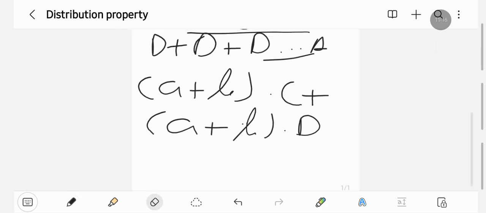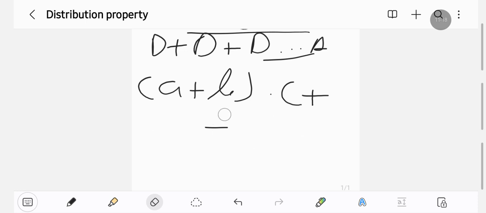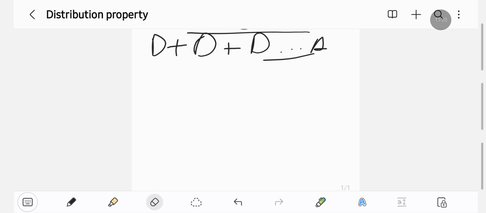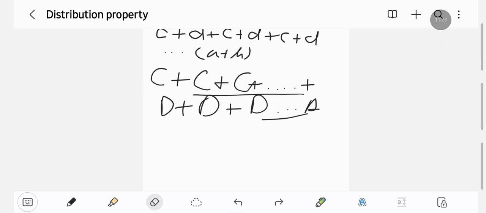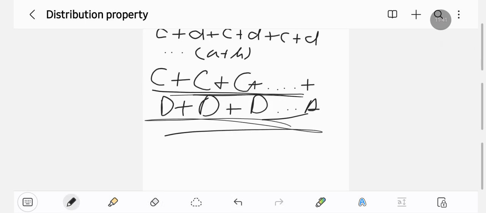Now if this was added like this, look, we are stuck in a loop. We got a plus b times c and again a plus b times d. Look, this is a loop. Again it means c was added a plus b times, and d, it is just representing this line again and again.